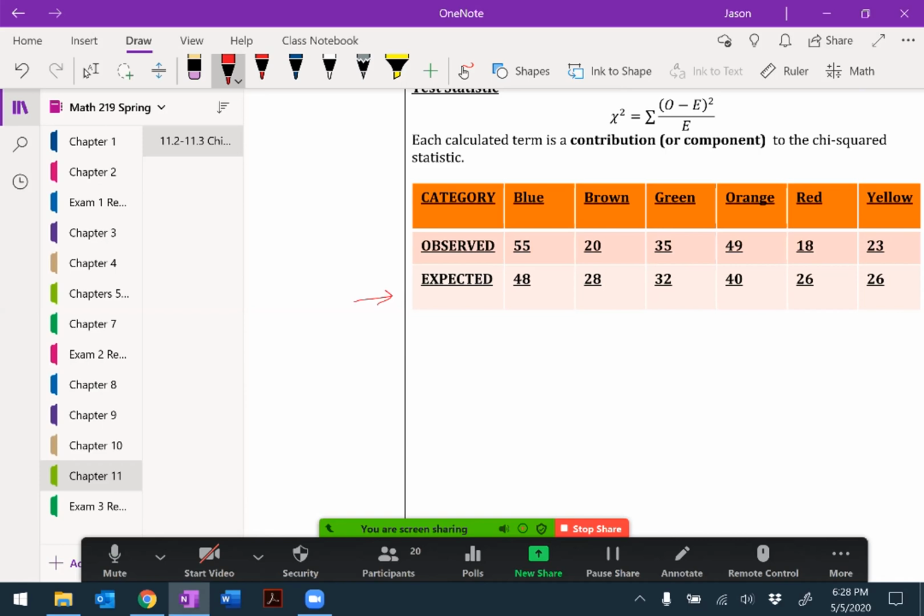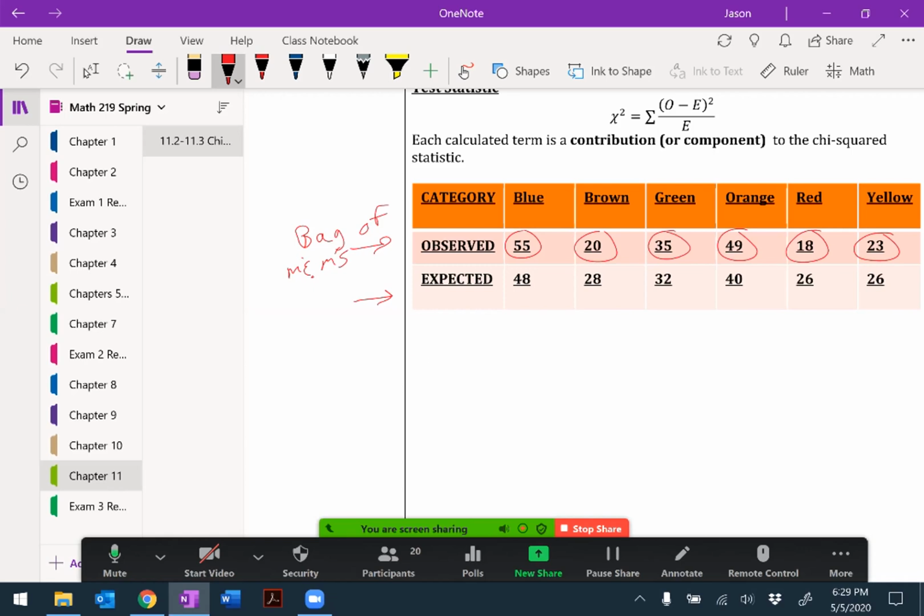So when we dump out our bag of M&Ms, we ended up with different observations than what we expected, right? Because this is real life, and real life is messy. For blue, we got 55. For brown, we got 20. For green, it was 35. For orange, it was 49. For red, it was 18. And for yellow, it was 23. So in a bag of 200, those were what was observed.